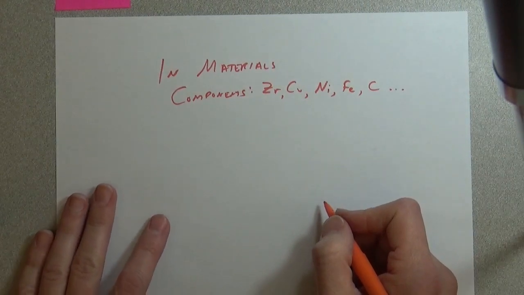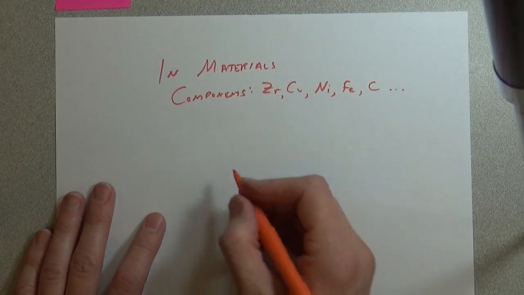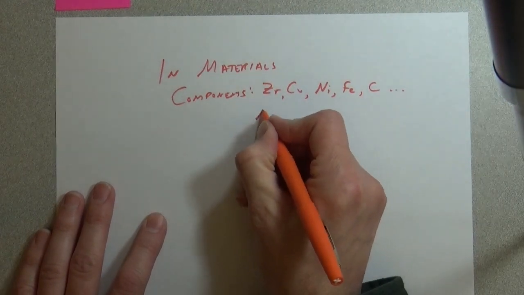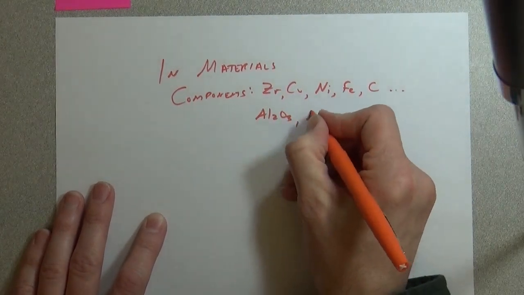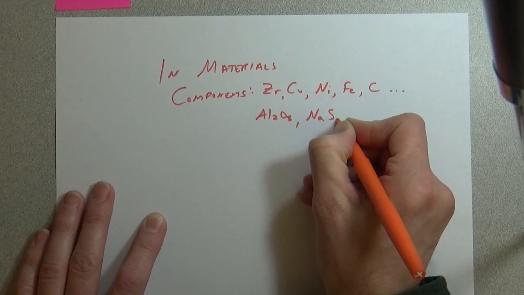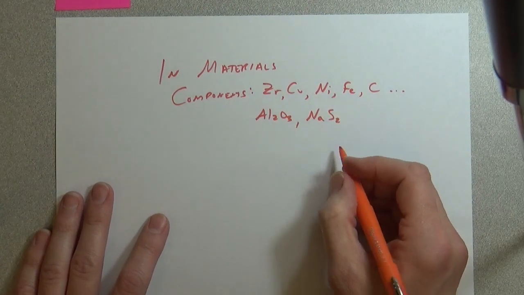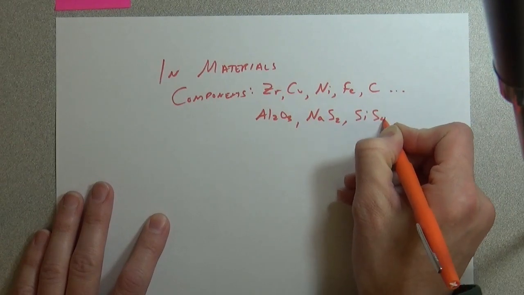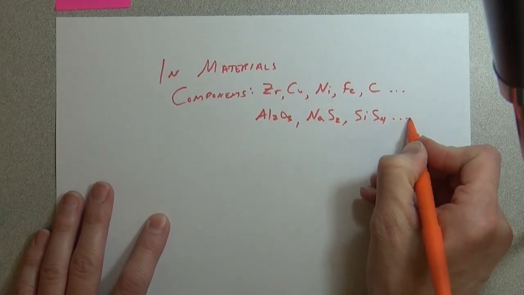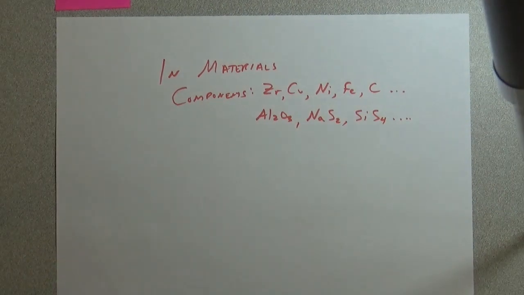But we can also have stoichiometric compounds. For example, Al2O3, alumina. Sodium sulfide. Silicon sulfide. And those will be our components.